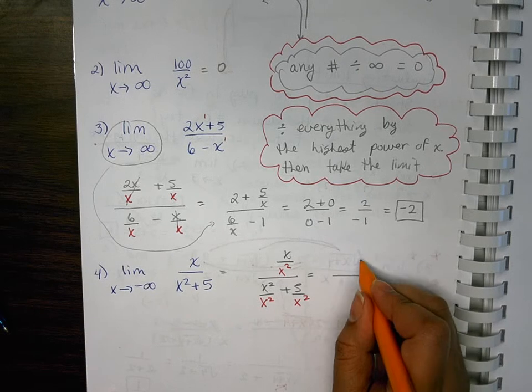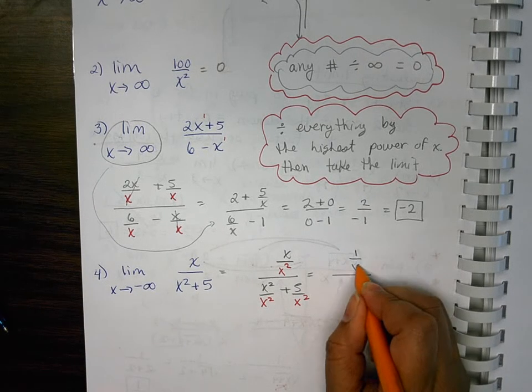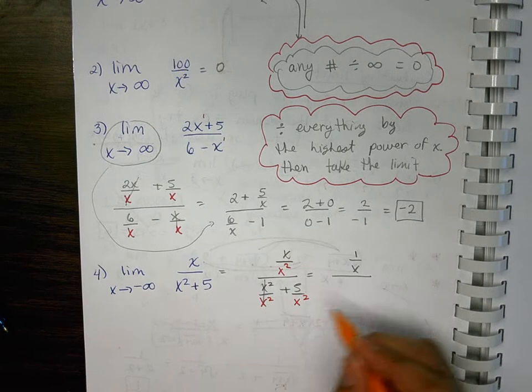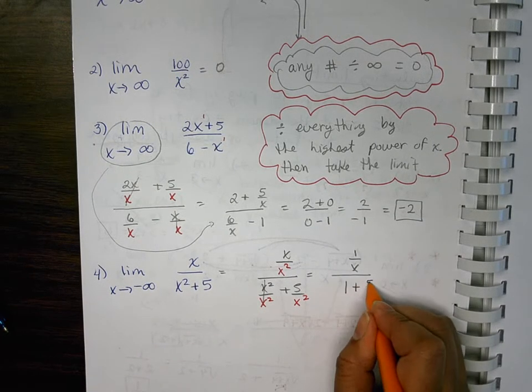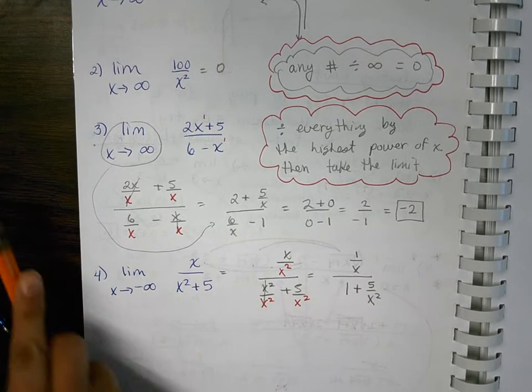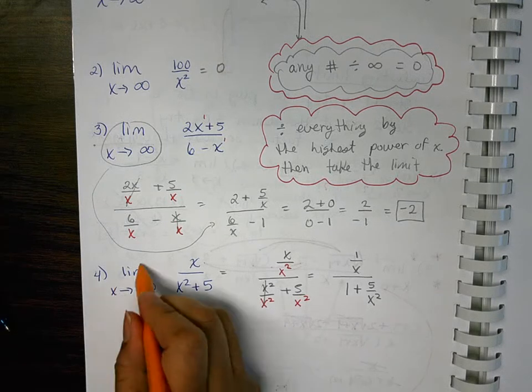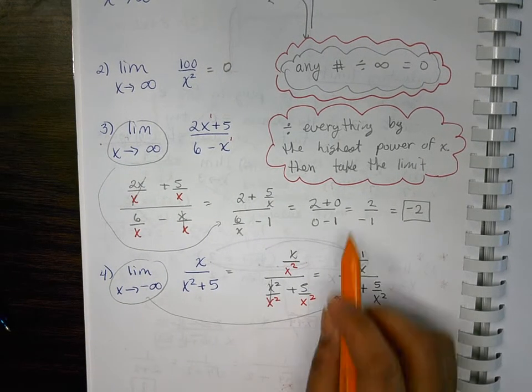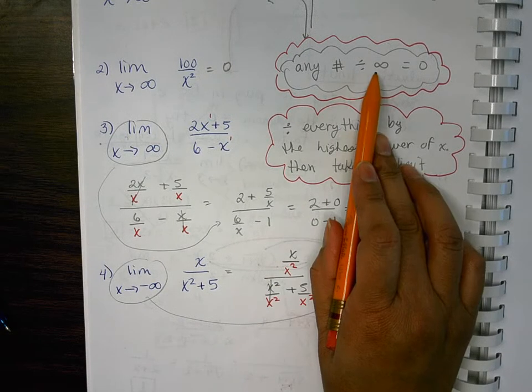Okay, first one reduces to what? X or 1 over x? 1 over x. This one down here reduces to 1 plus 5 over x squared stays. All right, then you take your limit. Does it matter whether it's positive or negative?